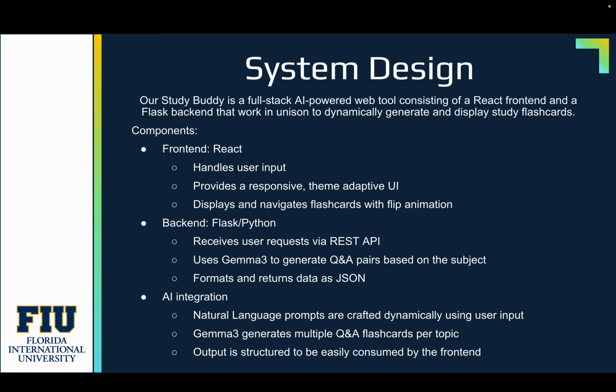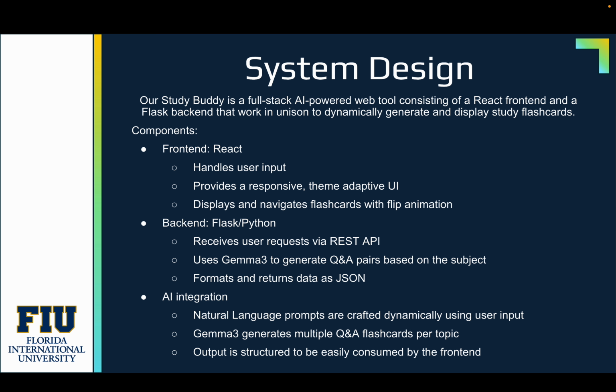Our backend uses Flask in Python, which receives user requests via a REST API, uses the model Gemma 3 to generate Q&A pairs based on the subject, and formats and returns the data as JSON to the front end, which later gets formatted and shown to the user as flashcards.